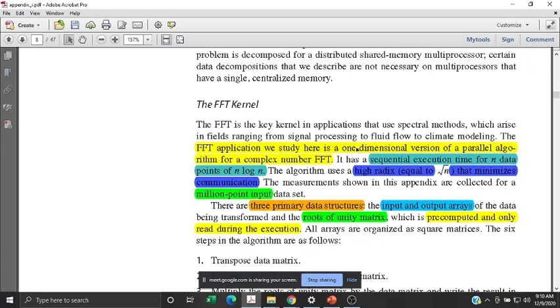Then big O notation: say the sequential execution time for n data points is n log n, normally represented by big O notation. O of n equals n log n in this particular FFT case. What I mean is, as the problem statement gets scaled up, if I increase the number of points, the n-point DFT, n is the load for me.